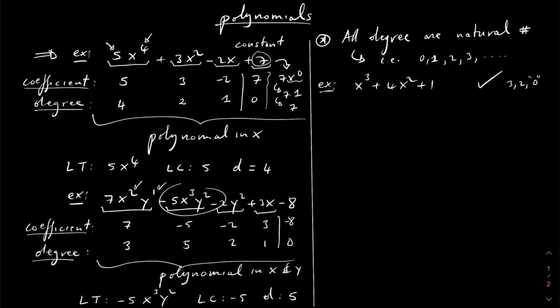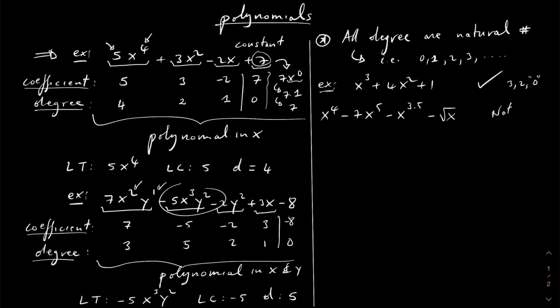Next example, we have x to the power of 4 minus 7x to the power of 5 minus x to the power of 3.5 minus square root of x. So if you look at this one here, is it a polynomial? No, because you have x to the power of 3.5 here, which is no good.